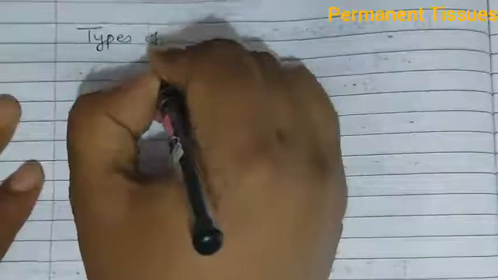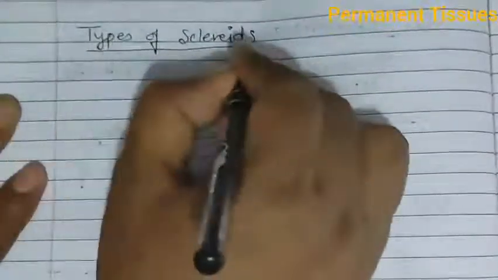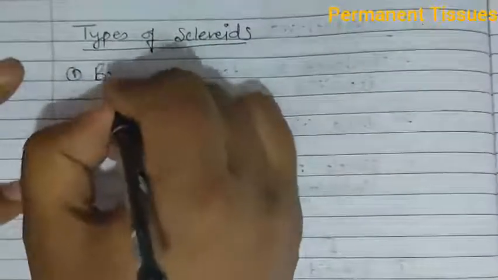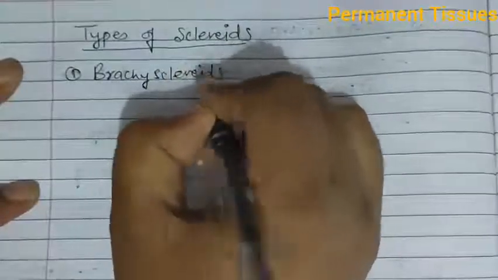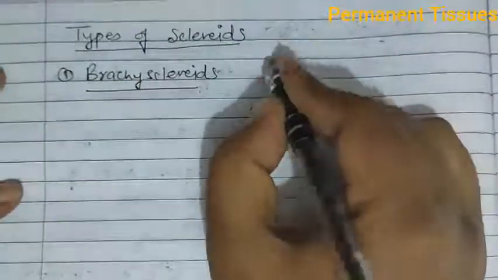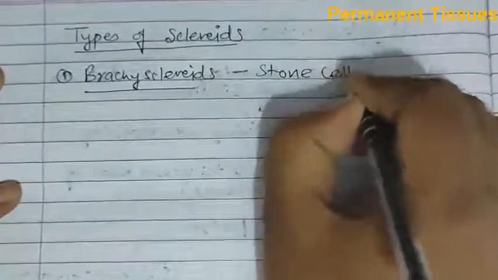They are of several types. Next we talk about types of sclereids. The first type is brachysclereids, also known as stone cells.